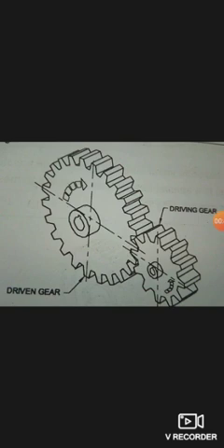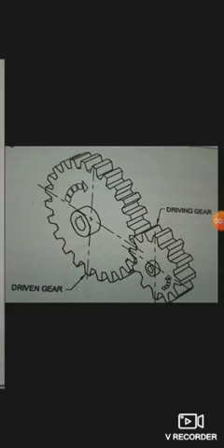See this figure. This is the simple gear drive figure, in which the driver spur gear transmits the power to the driven spur gear. That's why this one is a gear drive.